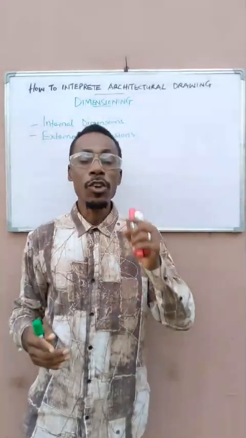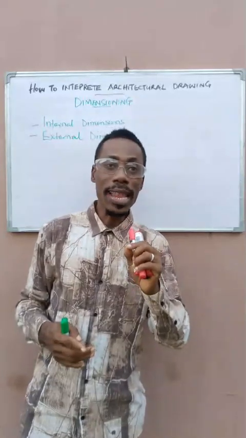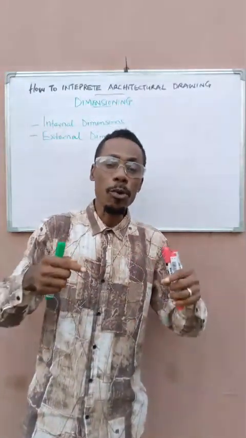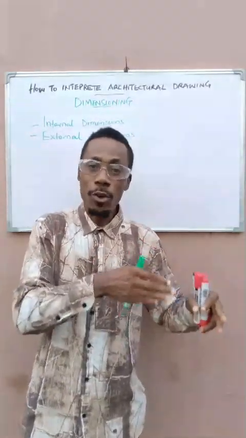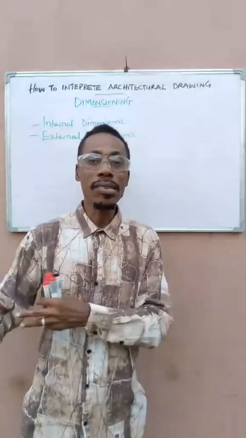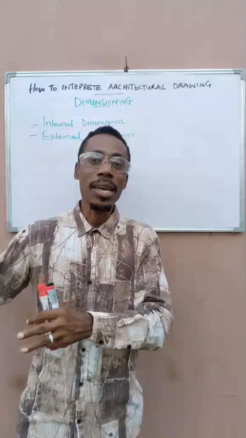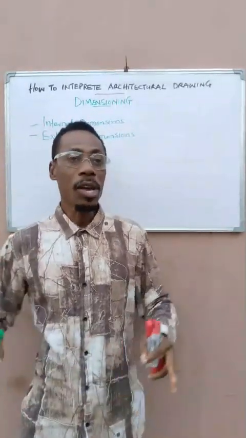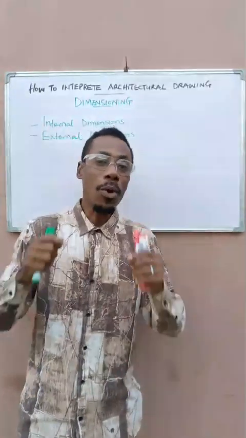So that is why you must understand dimensioning very well, because if you don't, while transferring it you end up not having the shape that you have in the drawing on ground, because maybe you mixed up, in interpreting the dimension for a particular section of that building. So that shape of the building will not be achieved. So it's important we understand dimension.